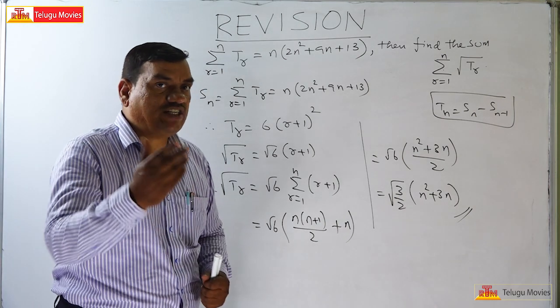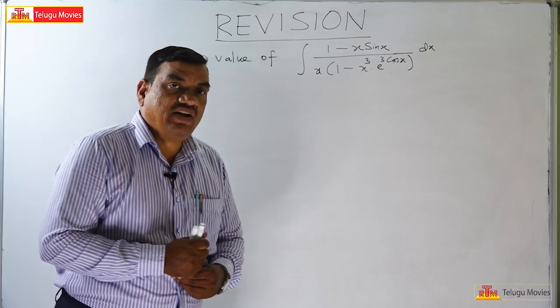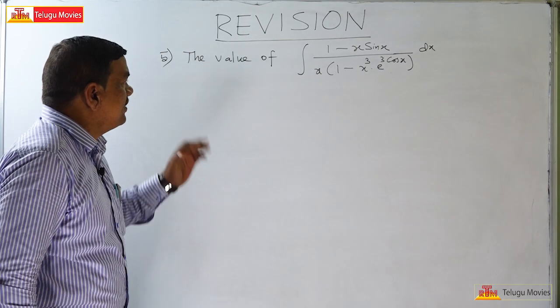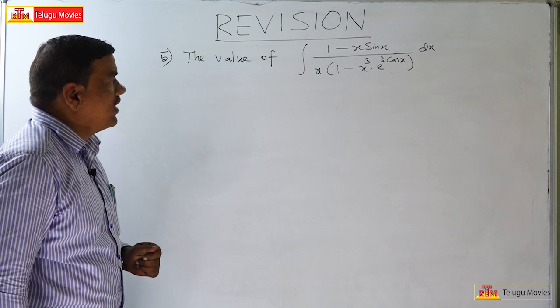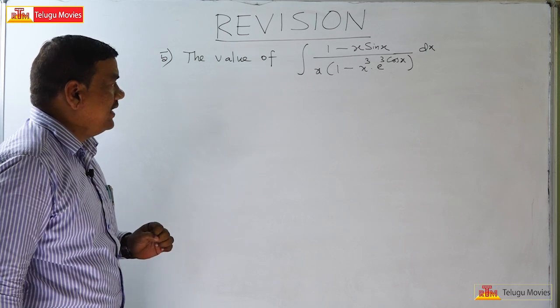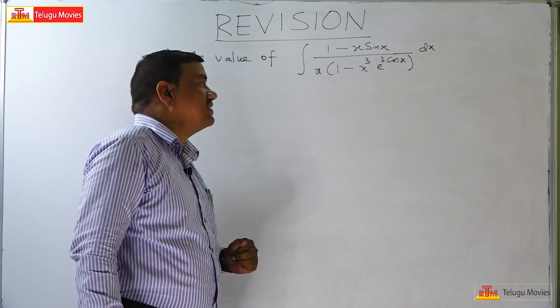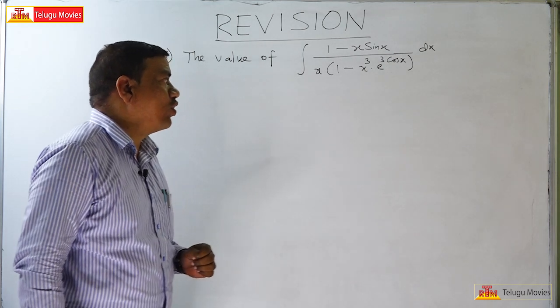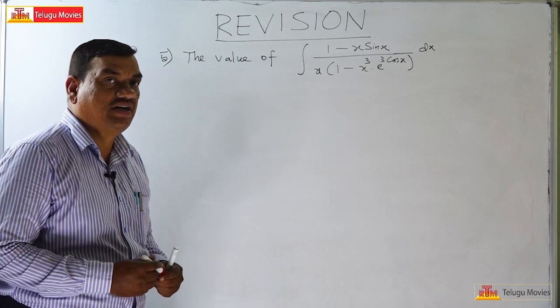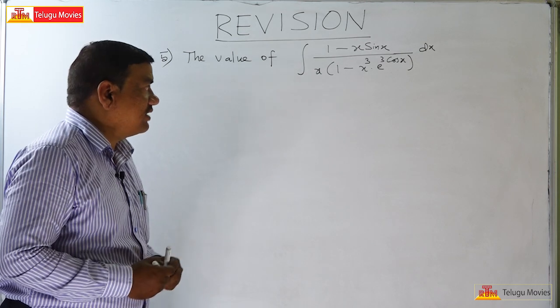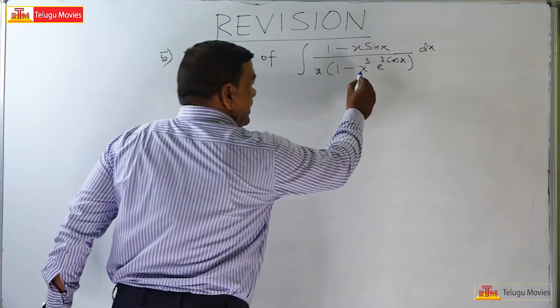Let us go to the next problem. Hi students, welcome to this problem. So here, the value of the integral of 1 minus x sin x by x into 1 minus x cube into e to the power of 3 cos x dx. What is the integral of this function? Then how to proceed with this problem? Let us observe here.